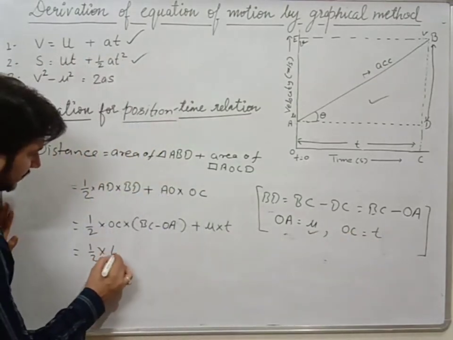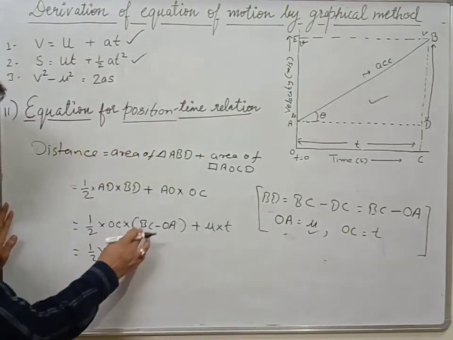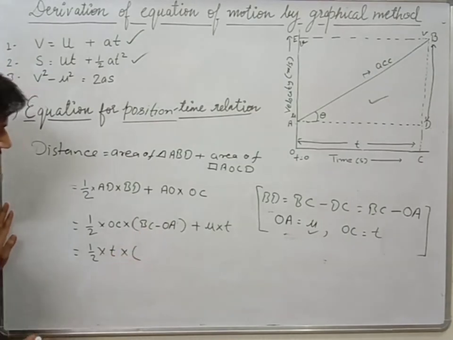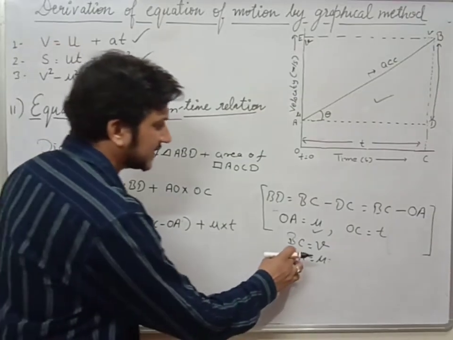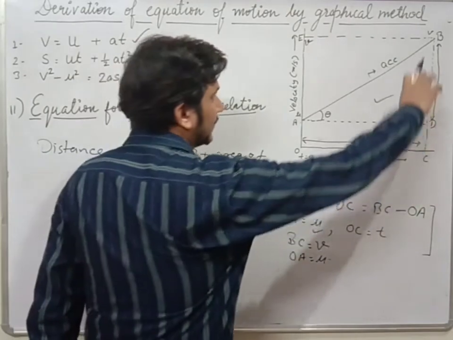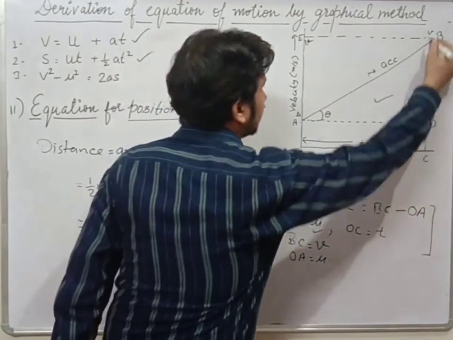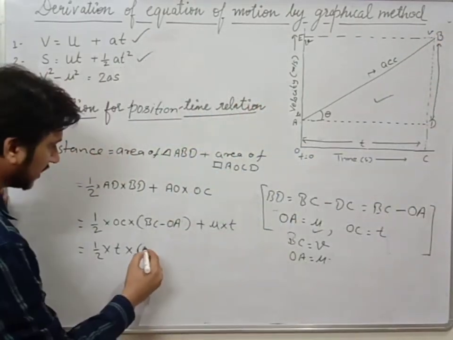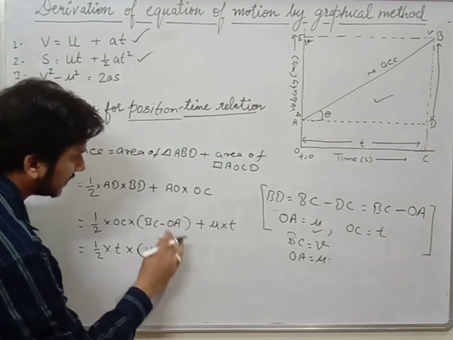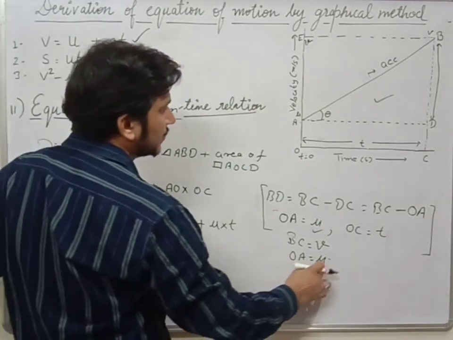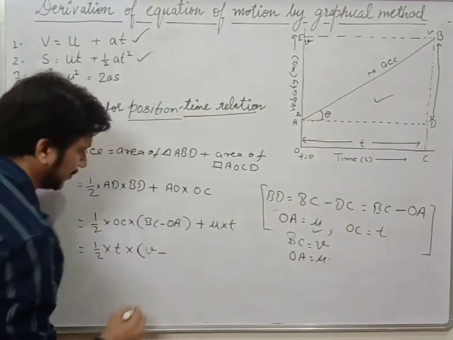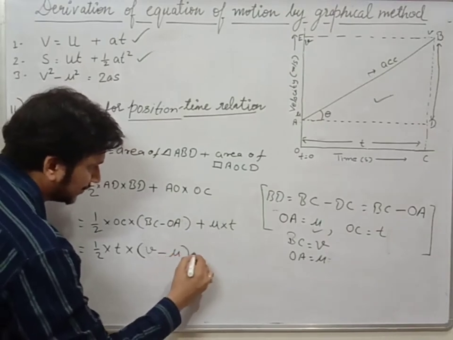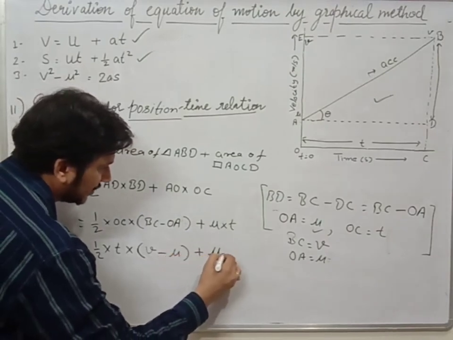So here we will put t. And BC equals V. So in this way it will be V minus OA, and OA equals U. So this was V minus U, plus U into t.